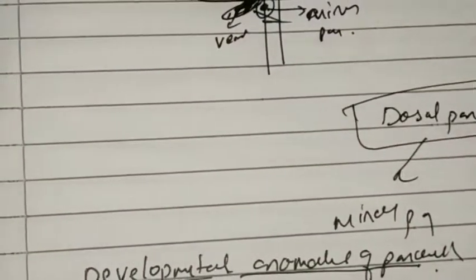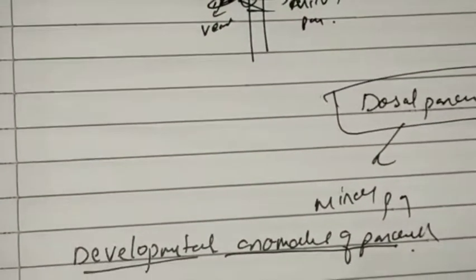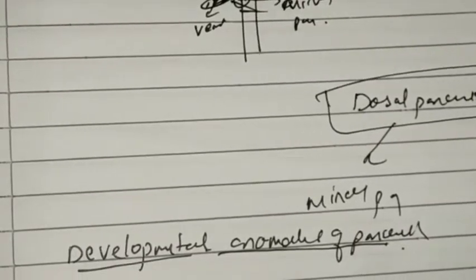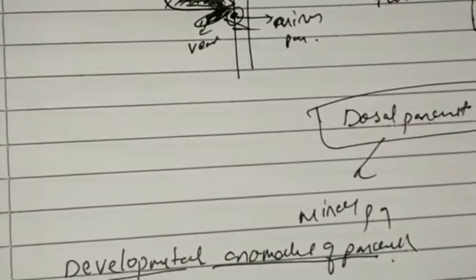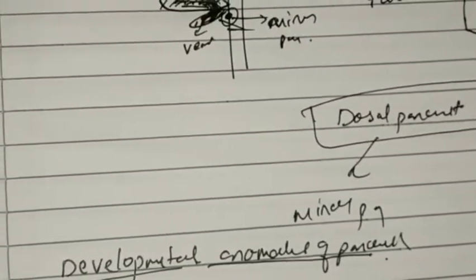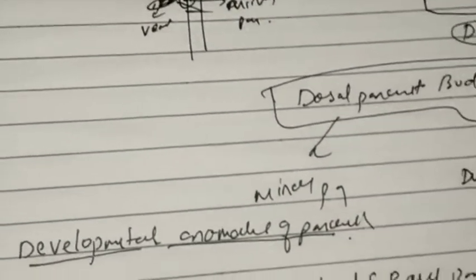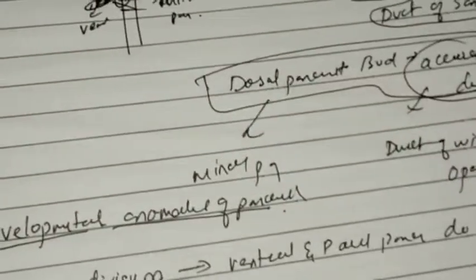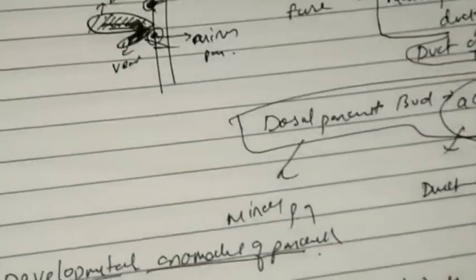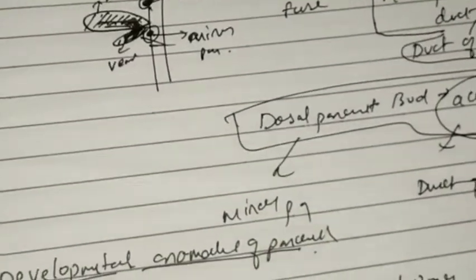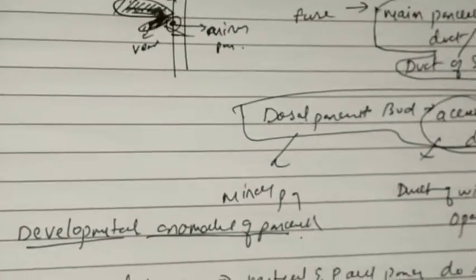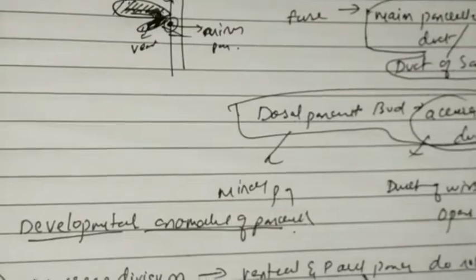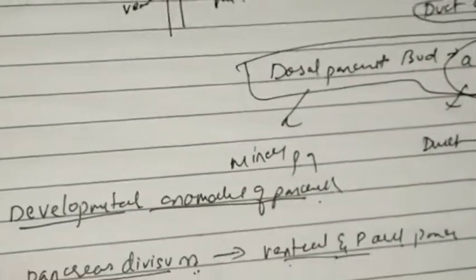In pancreas divisum, the ventral and dorsal pancreatic ducts do not fuse. This condition is known as pancreas divisum, and because of this, these ducts will open separately. Ventral duct and dorsal duct will open separately in the duodenum.